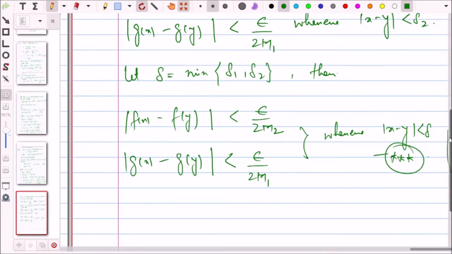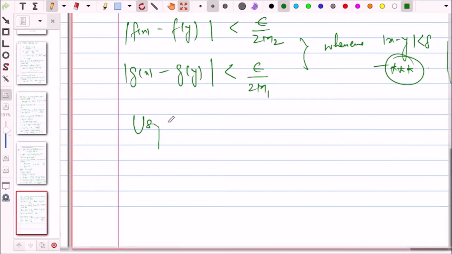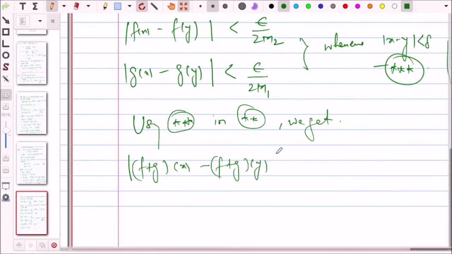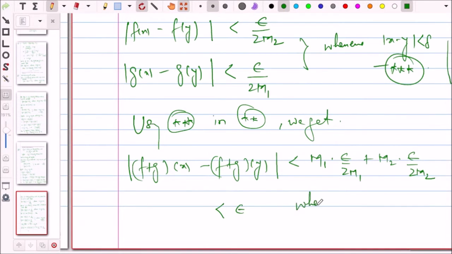Using triple star in double star, we get |(fg)(x) - (fg)(y)| is less than m1 times epsilon by 2m1 plus m2 times epsilon by 2m2, which is less than epsilon whenever |x - y| is less than delta.